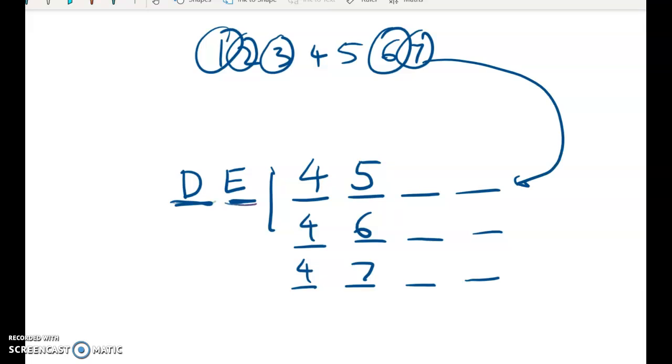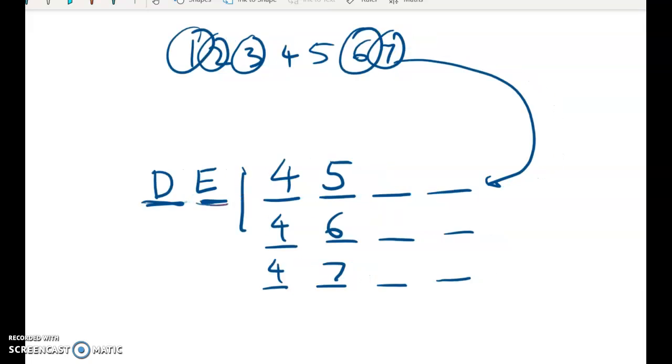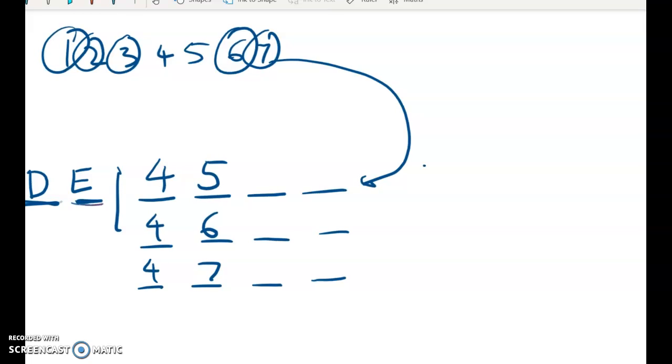So how many ways are there going to be to have this happen? Well, I've got 3 ways, 1 for each of these rows, and then I'm choosing 2 numbers out of a group of 5 numbers. So it's 3 lots of 5P2.